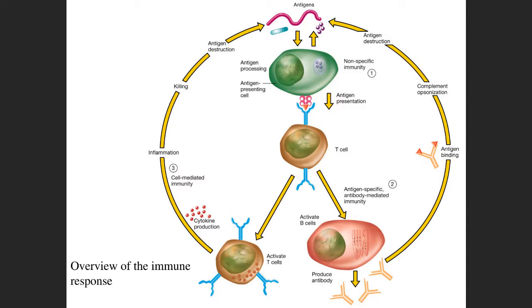If it's an activation, then what happens is the B cell gets activated and produces antibody. And then the antibody will bind to antigen. Now, if this antigen is on the surface of a virus, then this antibody will basically cover the whole virus with antibody, right?